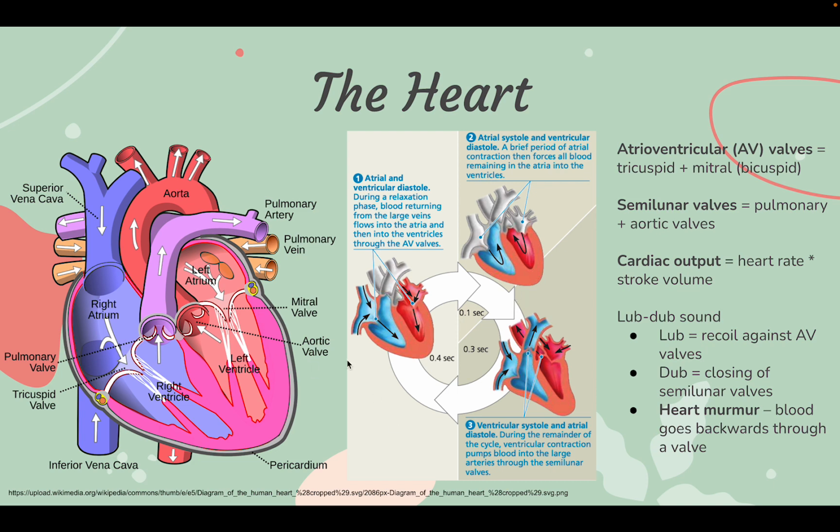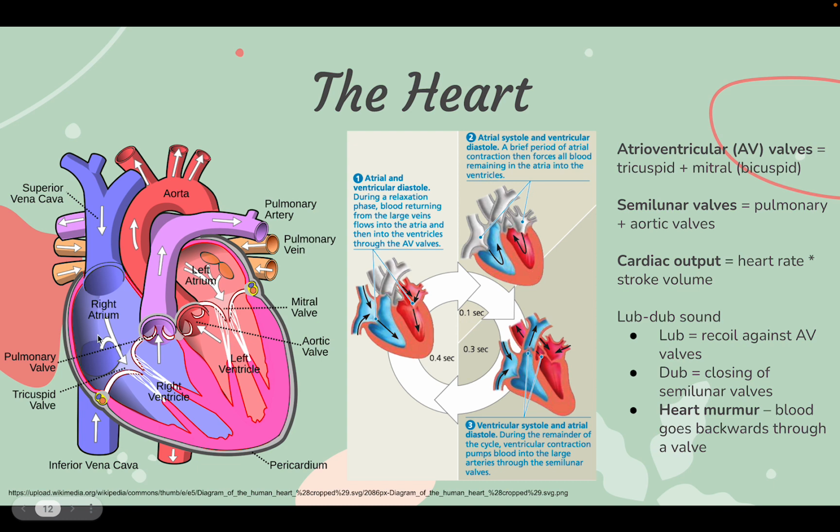So we have this cycle going over and over again to deliver blood, and in the process we need valves between the different chambers of the heart to make sure that blood's not going the wrong way. As you can see, we have our tricuspid valve here, and this valve is in between the right atrium and the right ventricle. In the same place on the other side, we have the mitral valve, also called the bicuspid valve sometimes because it has two cusps, whereas the tricuspid valve has three cusps.